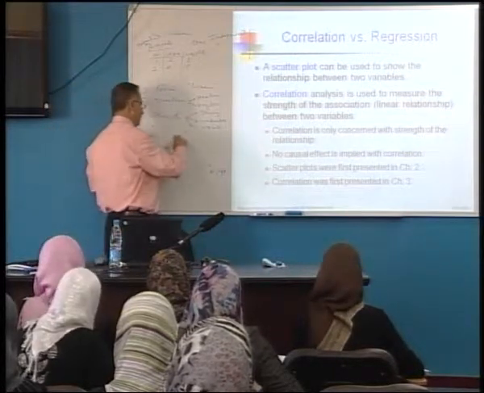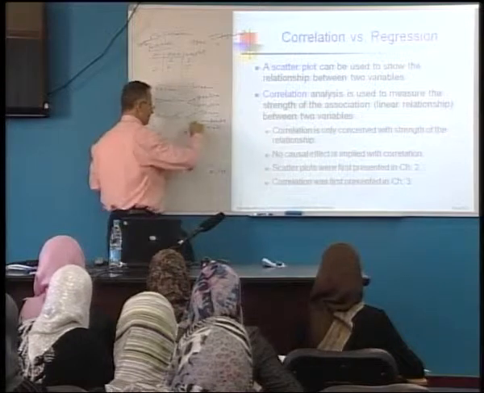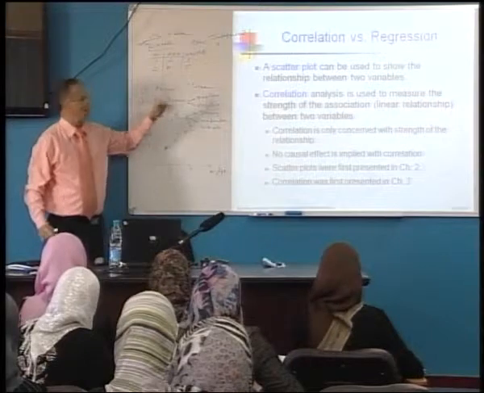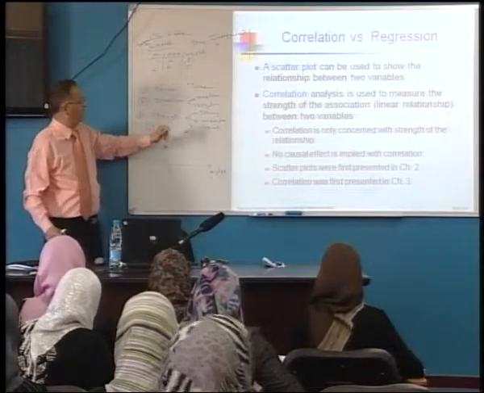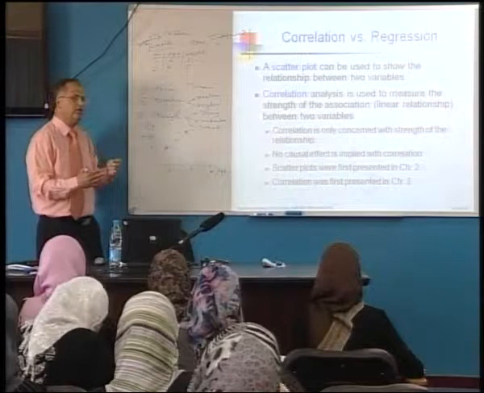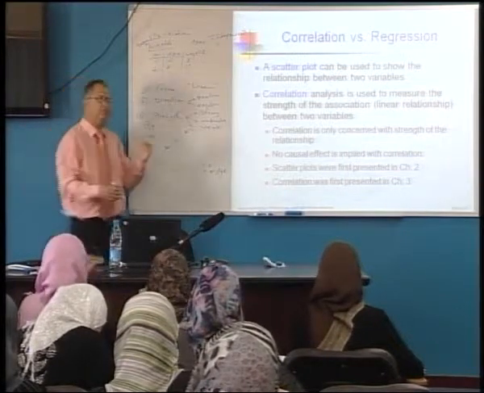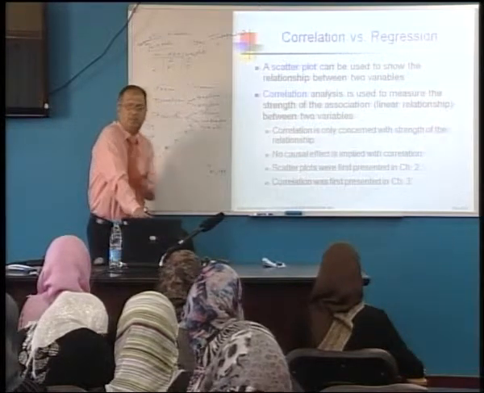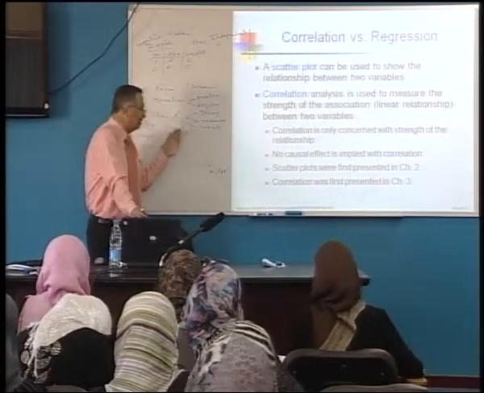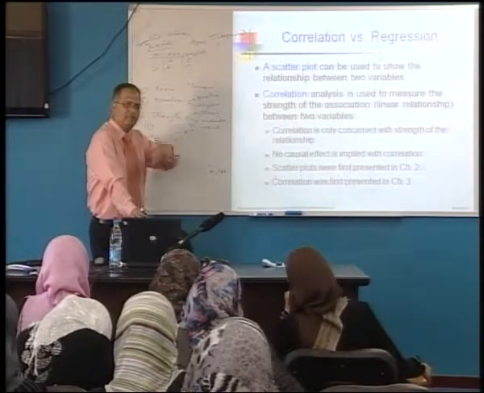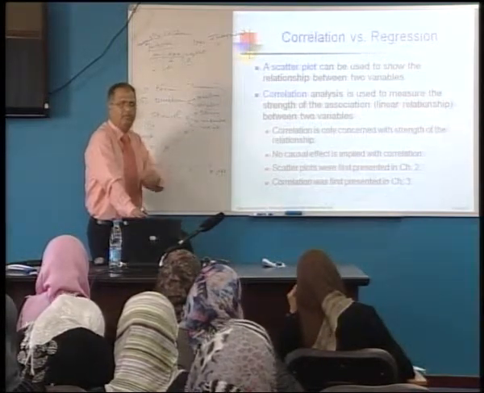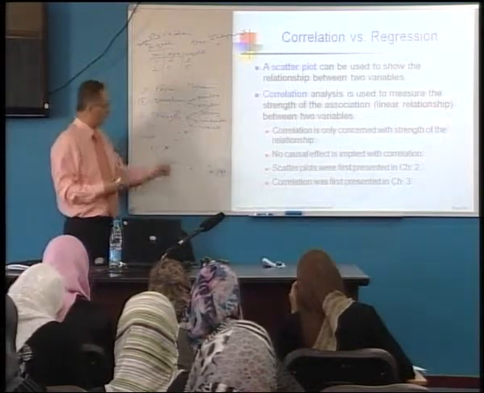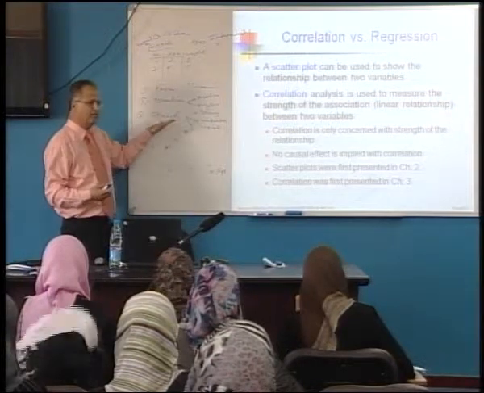Here we can know the direction. In this case, there exists positive. Form is linear. Strong or weak or moderate, it depends on how close these values are to the straight line. Closer means stronger. So if the points are closer to the straight line, it means there exists a stronger relationship between the two variables. So closer means stronger, either positive or negative. In this case, there exists positive.